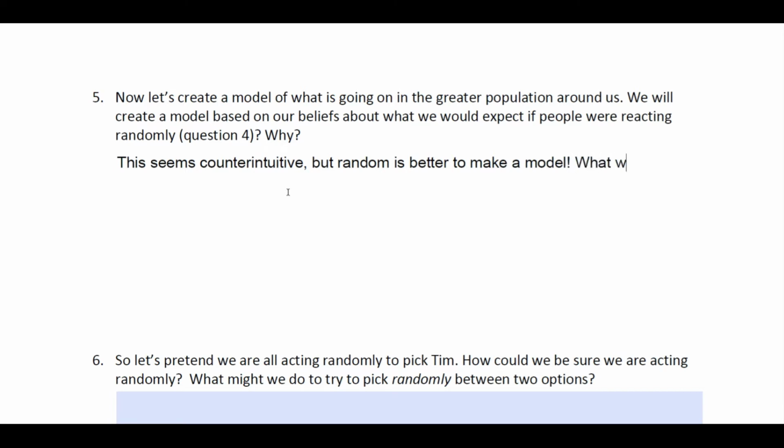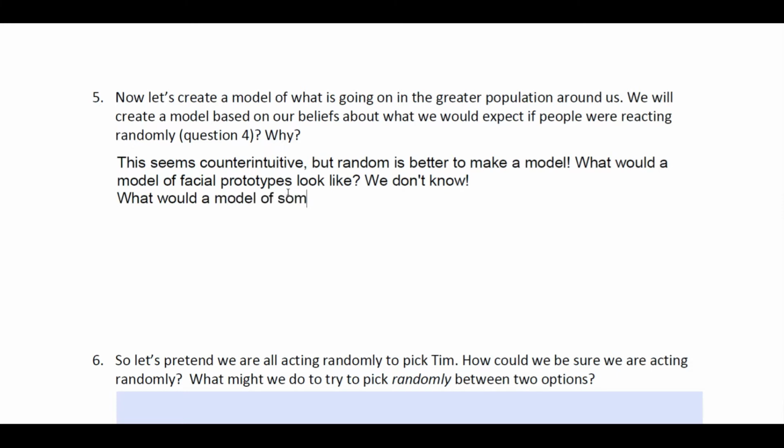So again, the reason why is because what would a model of facial prototypes look like? We don't know. We don't know what that would look like. What would a model of people choosing randomly between two options look like? Well, if I said everybody chose at random, we would expect probably about 50-50.